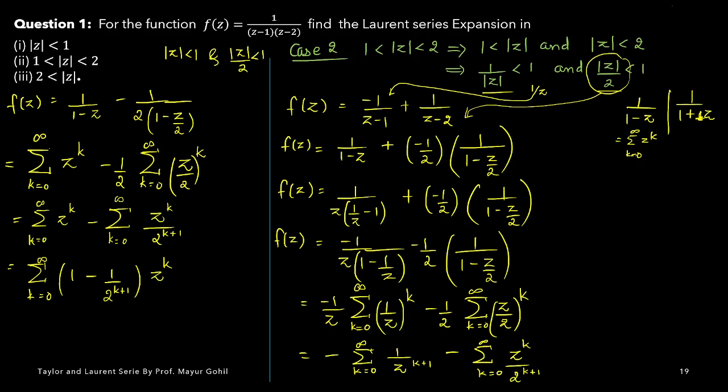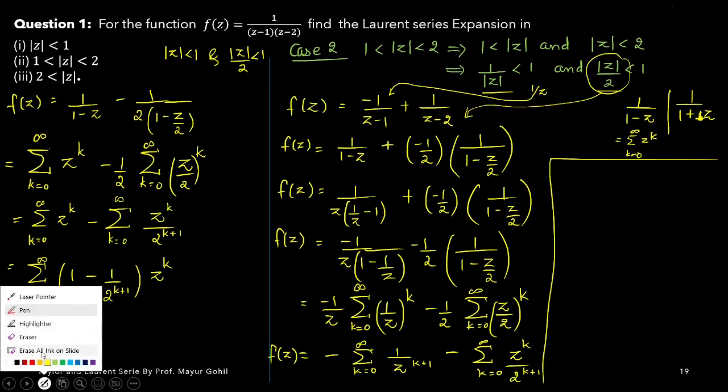Now there is no scope of simplification. You can't take summation common and everything, so don't do that. We have to now understand what this says. This is the Laurent series. For case number 2 we have got our answer. If you leave your answer over here, it is absolutely fine and absolutely correct. No teacher will deduct your marks, but we have to understand what it says. So let us see what happens when we expand it. I'll just put it in this yellow box over here.